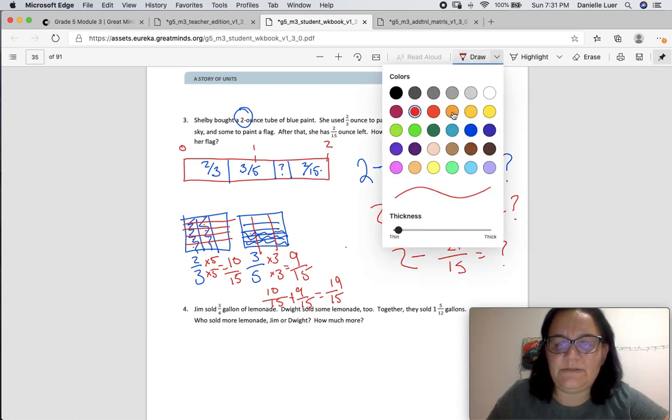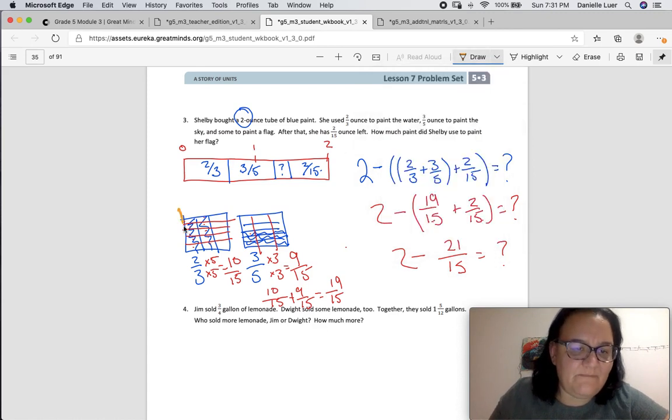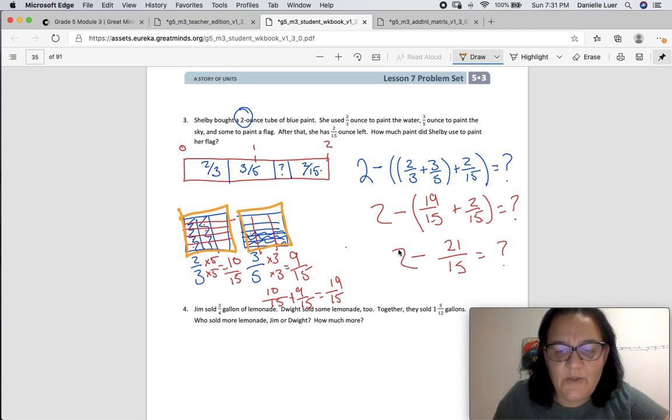So I'm going to use these that I already have built over here. There's 1 2 3 4 5 6 7 8 9 10 11 12 13 14 15, 15/15s plus another 1 2 3 4 5 6 7 8 9 10 11 12 13 14 15/15s, which would be 30/15.